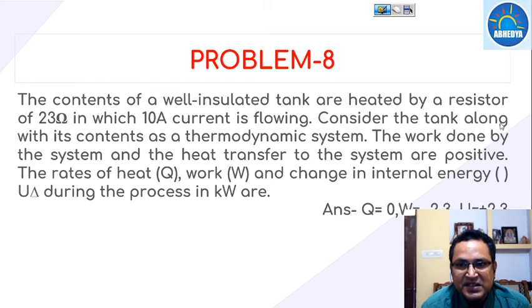Consider the tank along with its contents as a thermodynamic system. The work done by the system and heat transfer to the system are positive. We have to find the rate of heat, work and change in internal energy during the process in kilowatt.